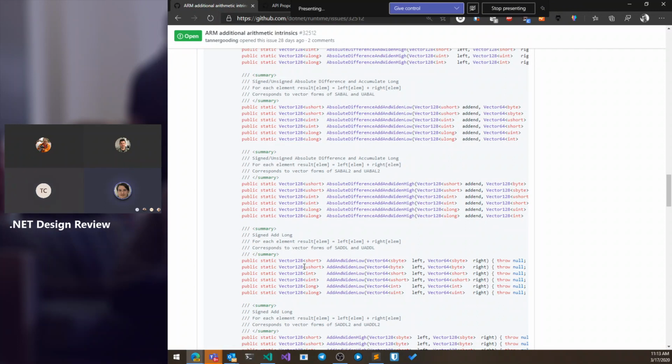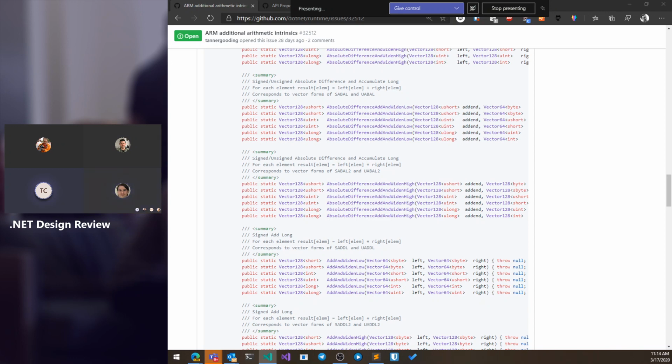Actually, I think I see why we did it as vector 64 rather than vector 128 here. Yeah, vector 64 is correct for SABAL 2. Right, but for SABAL, you were saying. Yeah, no. So for SABAL, you're right. It should be vector 128 for the addend and 64 for the inputs. Okay.